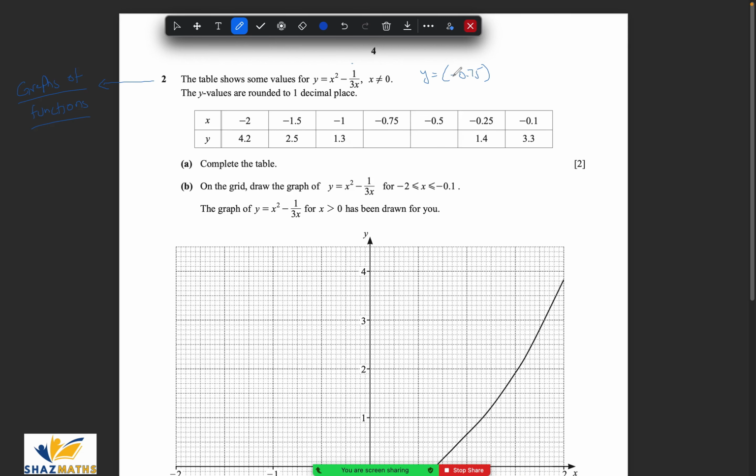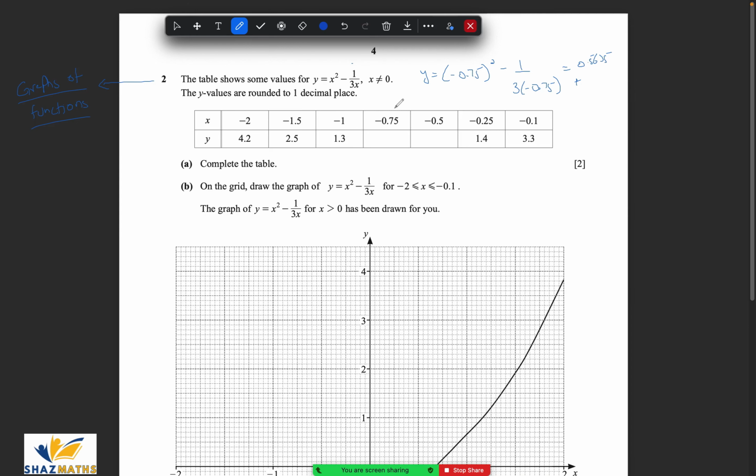So negative 0.75 squared minus 1 over 3 times negative 0.75, and it's going to be 0.5625 minus, so this minus and this minus will become plus. So it is 1 divided by 3 times 0.75, and then you add 0.5625 to it.